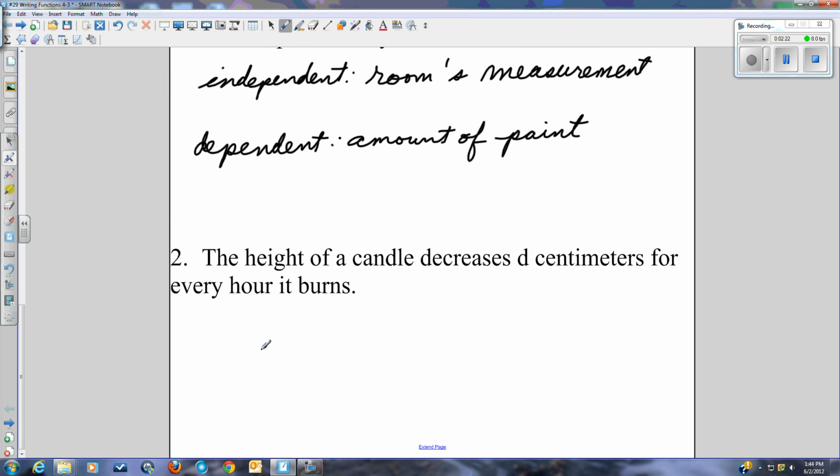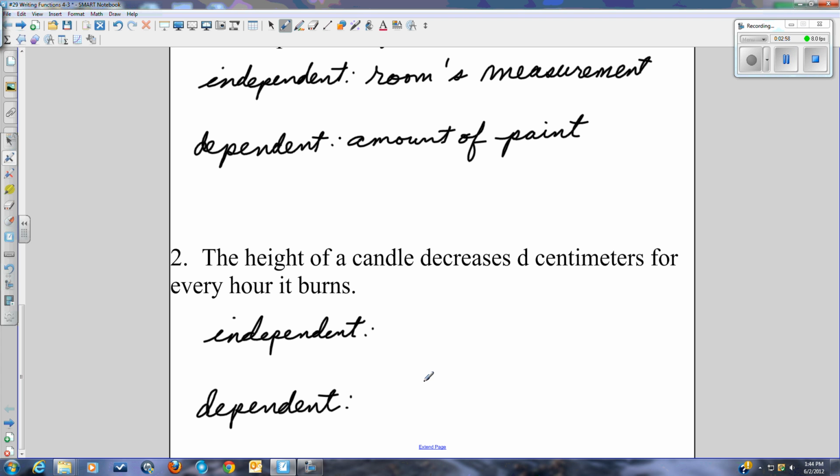The height of a candle decreases d centimeters for every hour it burns. So again, we want to write down independent and dependent. And so you want to ask yourself, is the height of the candle dependent on the amount of hours that the candle burns?